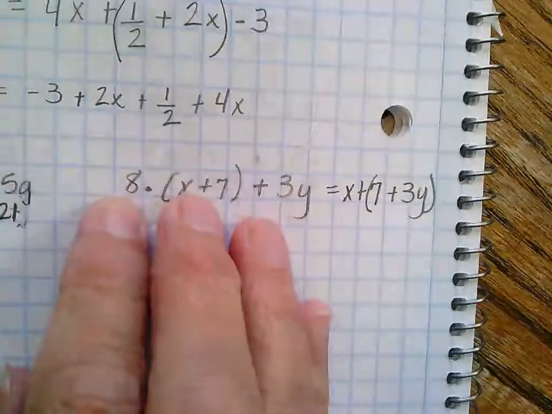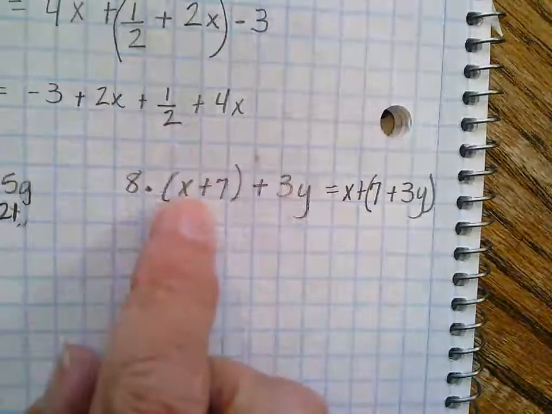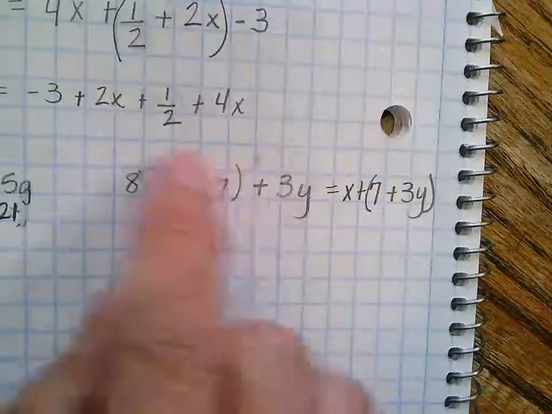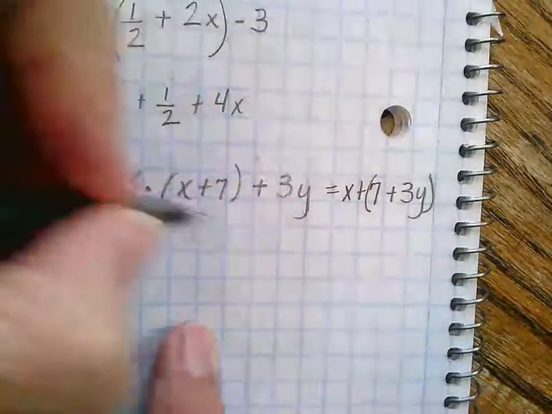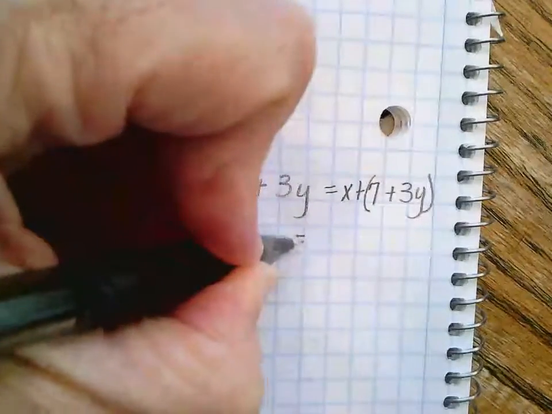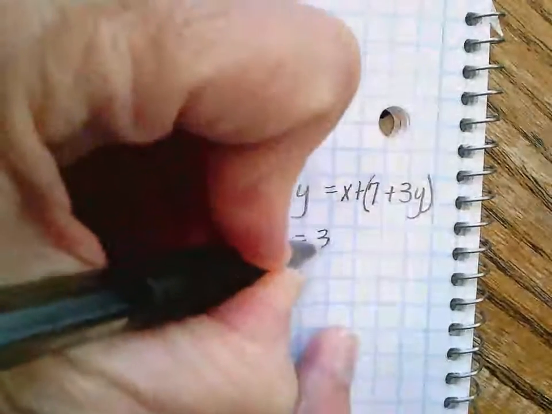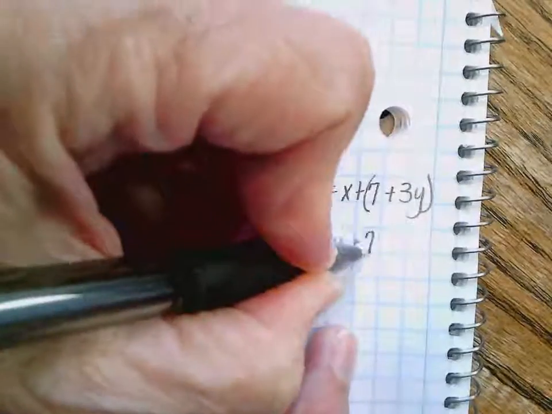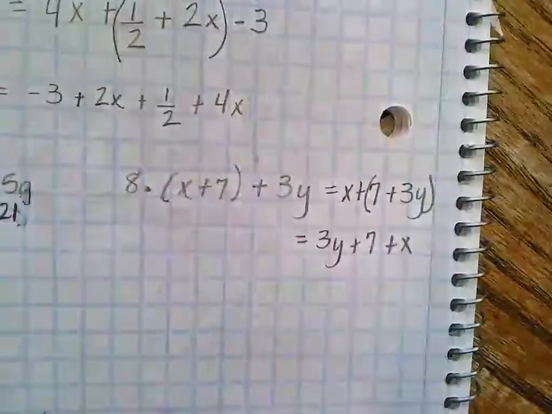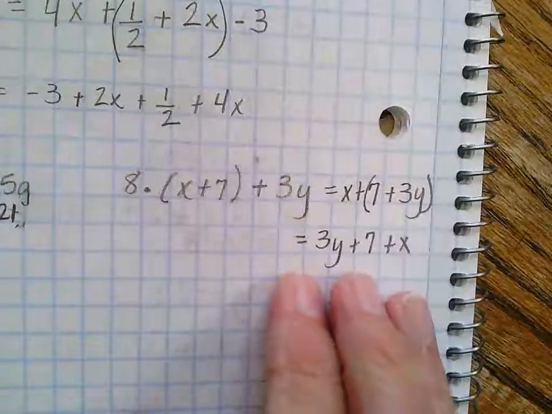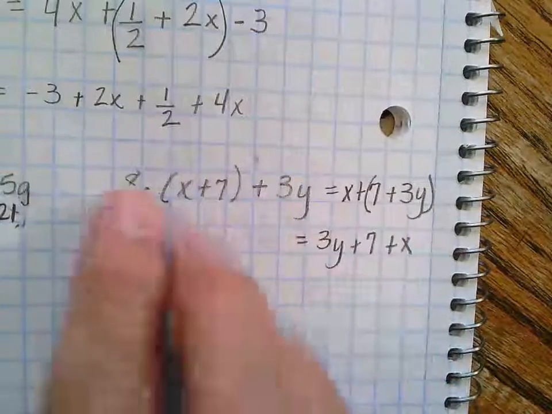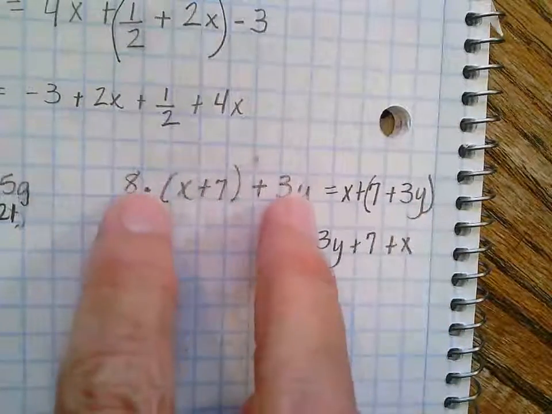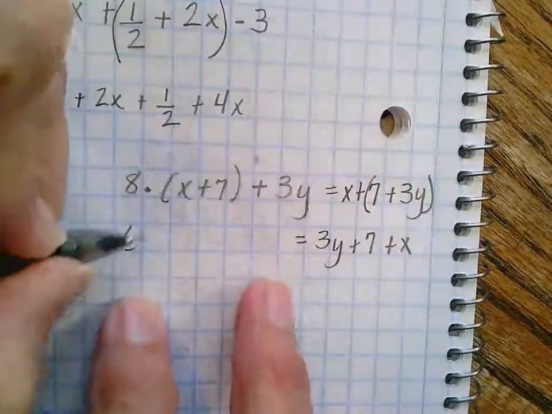I could have chosen to simply use the commutative because I'm doing all addition. So I could just scramble these up in any order. And I could have written 3y plus 7 plus x. Because all it wants is an equivalent expression. And both of these are equivalent to this.